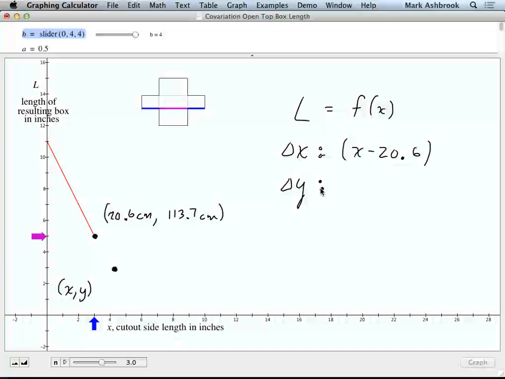Okay, and then how can we get delta y? Using constant rate of change. I want to do this a little bit differently than last time. We've got a totally different size of sheet. I'm still cutting out squares out of the corners, but my sheet is some kind of different, unknown big size, in centimeters now.